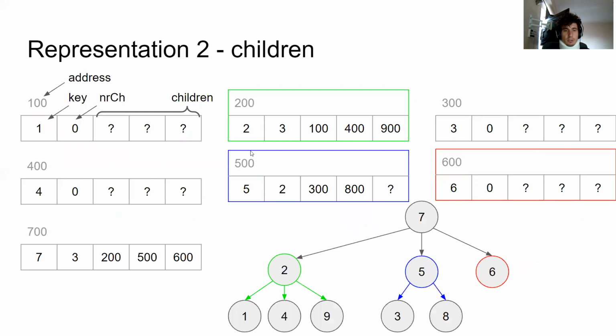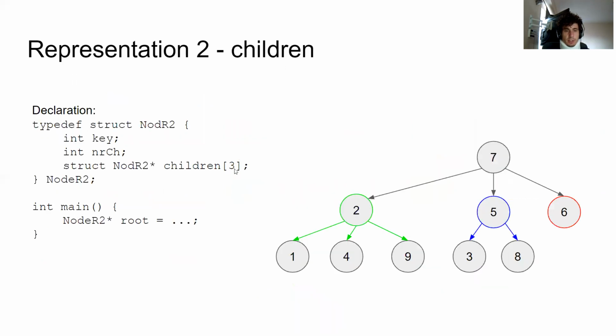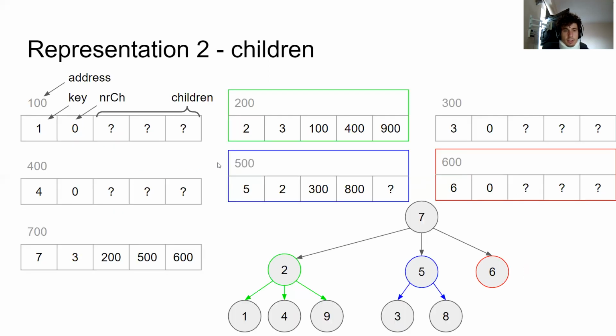And it actually looks like this. So each node has an address. And each node has a key, a number of children, and at most 3 children. Because we put 3 here; we can put any number, but 3 is enough for our case.